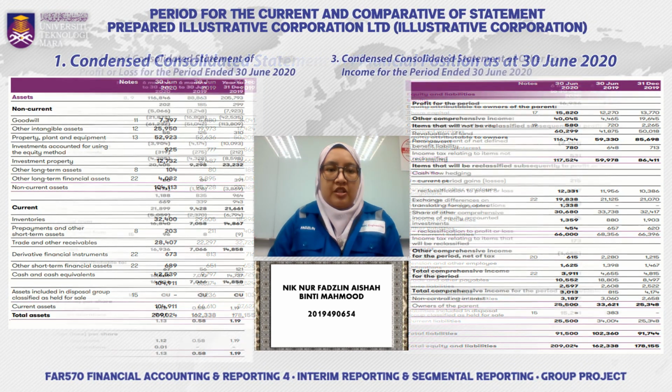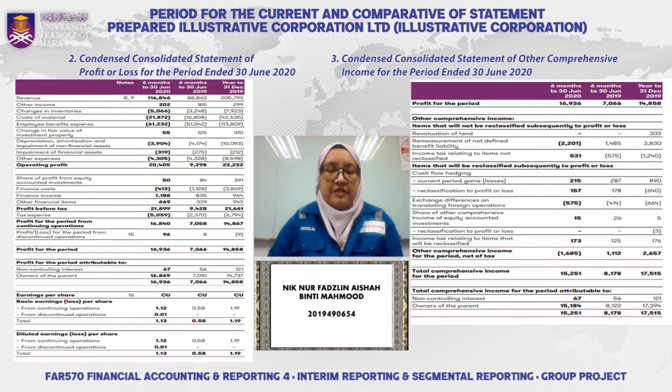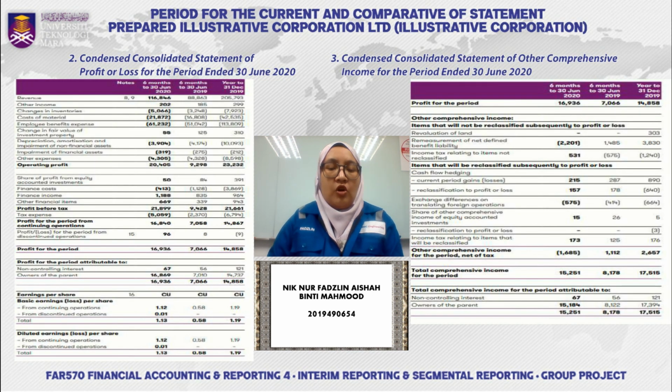For the statement of profit or loss, the current period is 1st January 2020 to 30th June 2020, and the comparative period is 1st January 2019 to 30th June 2019.